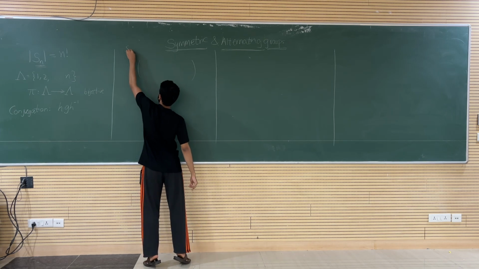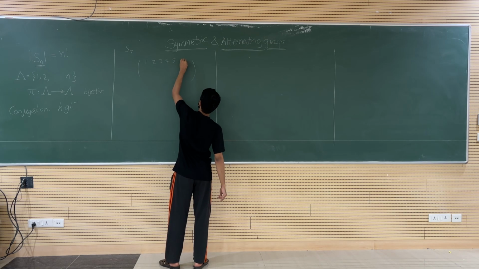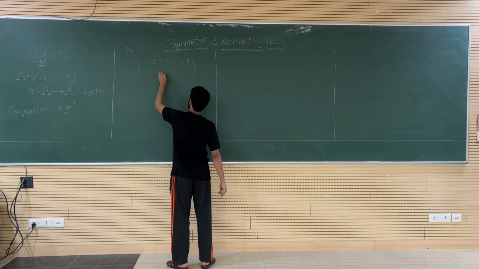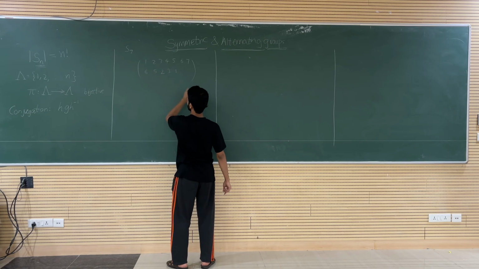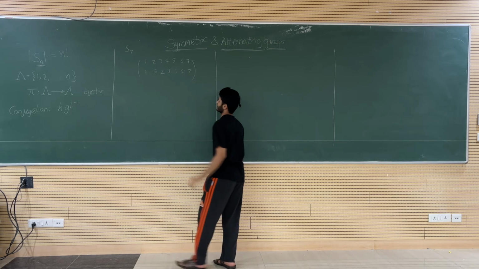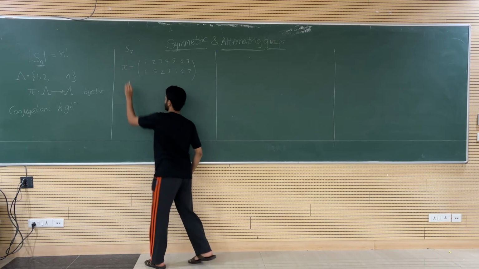Let's talk about some S7 maybe. 1, 2, 3, 4, 5, 6, 7, and writing the numbers where it goes, like 6, 5, 2, 3, 1, 4. What is missing? 7. This is one way you can write one element of Sn.